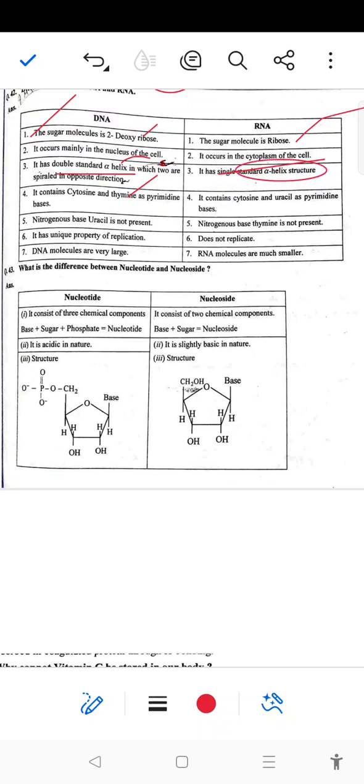DNA contains cytosine and thymine as pyrimidines, and RNA contains cytosine and uracil as pyrimidines. In DNA the nitrogenous base uracil is not present, and in RNA thymine is not present. DNA has the unique property of replication. RNA does not replicate. DNA molecules are very large, RNA molecules are much smaller.